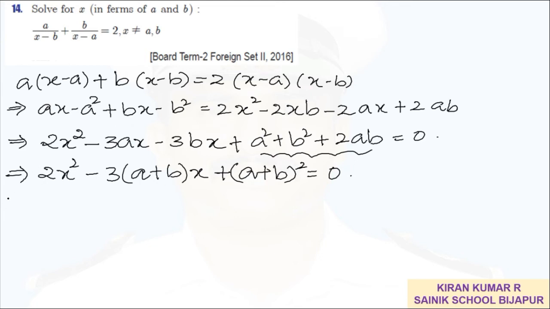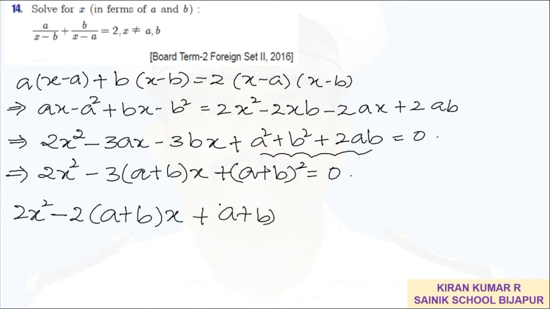So this is using common sense. I'll write it as 2x square minus 2 times of a plus b times x, minus a plus b times x, plus a plus b whole square equal to 0.